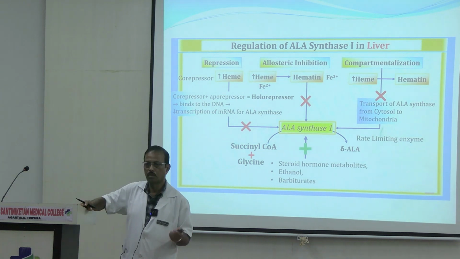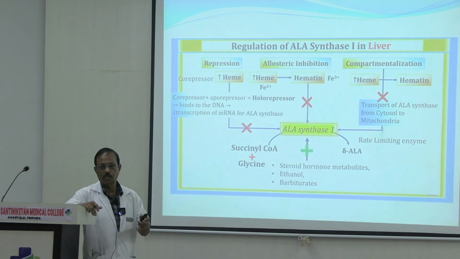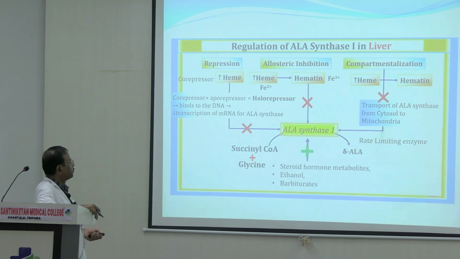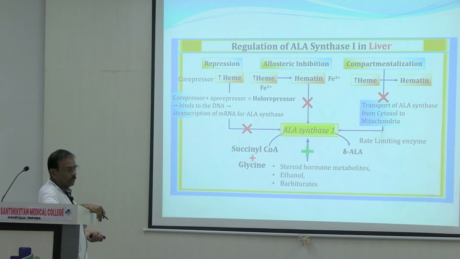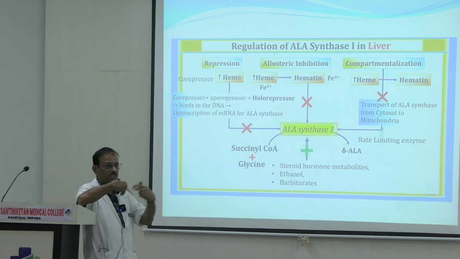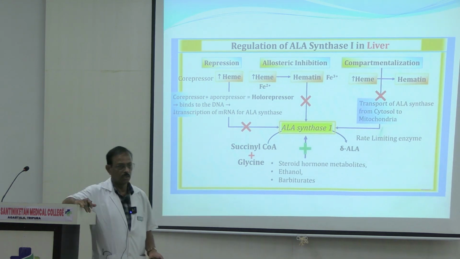Please note it. This is very important, very easy also, but if you don't concentrate, then you will miss it. So in case of repression, what is repression? It is the suppression of the gene expression.